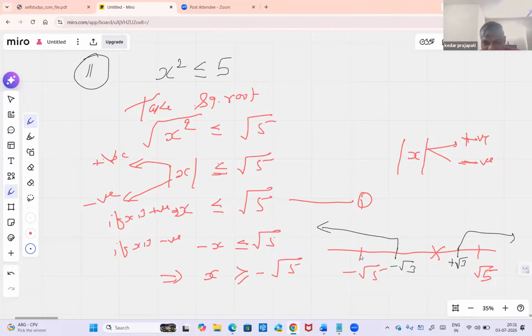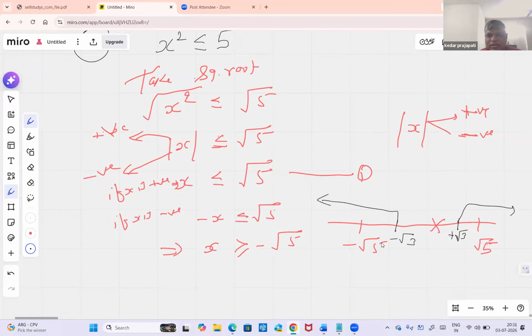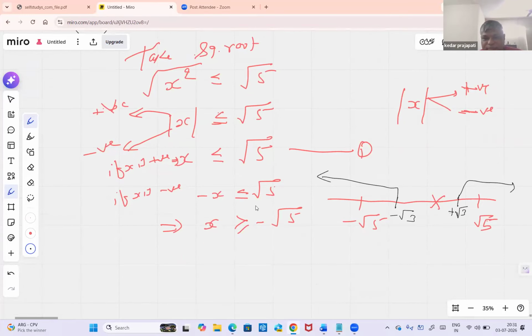And now x is between minus root 5 and root 5. It means x can be here or x can be here. This will not come.